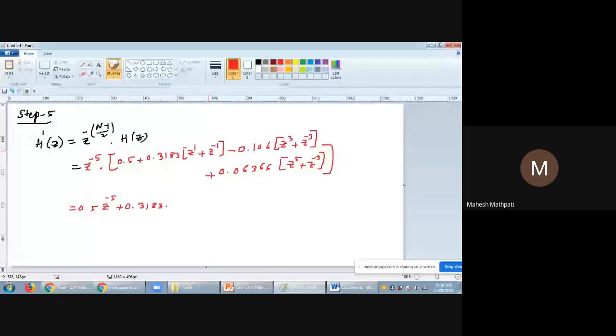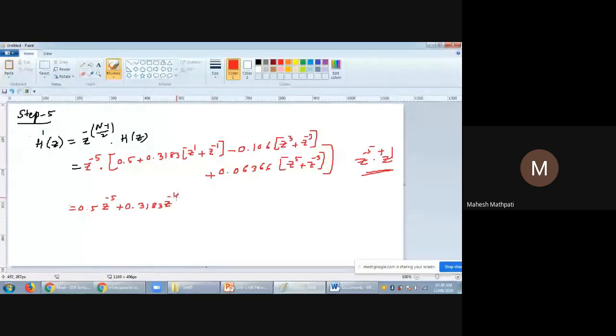What will happen? Who will tell me the power? Minus 4. Here we are just multiplying the values, z to the power minus 5 into z to the power 1. If the base is the same, the powers add up. So I will write z to the power minus 4.